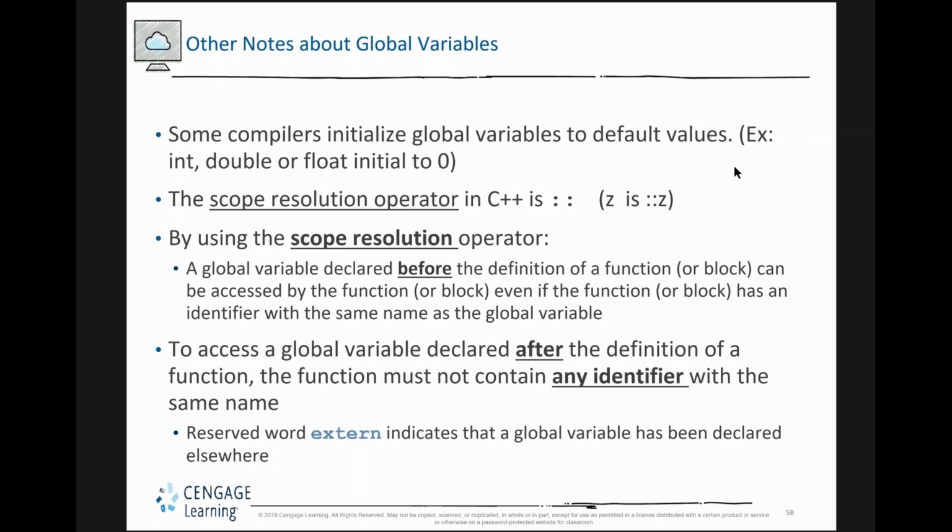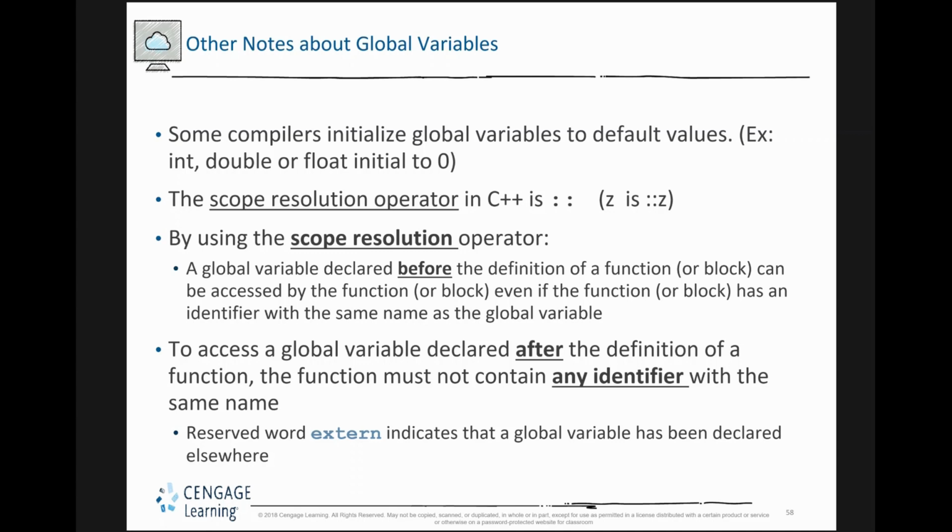Next, the scope resolution operator is created with 2 colons. It is used to allow a global variable that is declared before the definition of a function to be accessed by the function even if the function has an identifier with the same name as the variable.